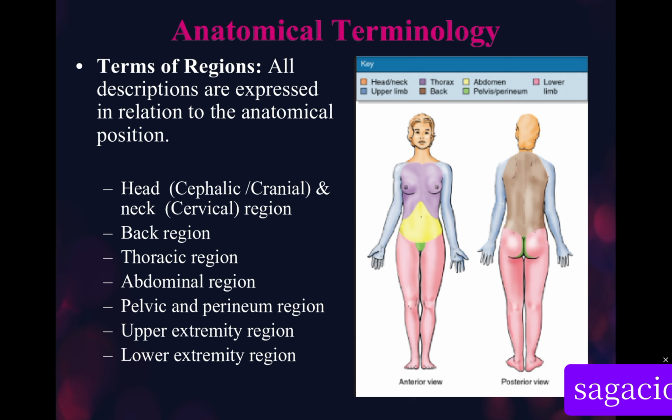In the anterior position, you can see this is the palmar region. This is not the dorsal region of the hand. And this is the posterior region. In this posterior region, we now have the back, the buttocks, the posterior aspects of the hip and the leg, and the dorsal aspects of the hand.